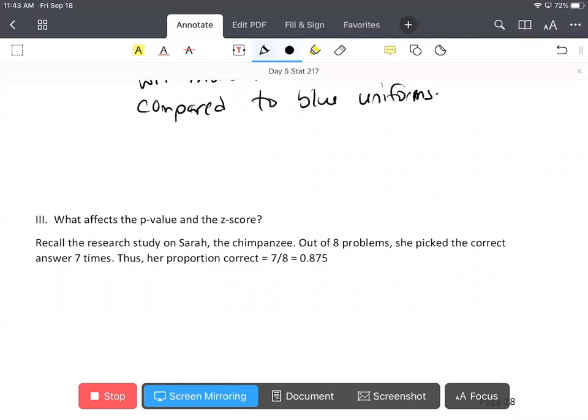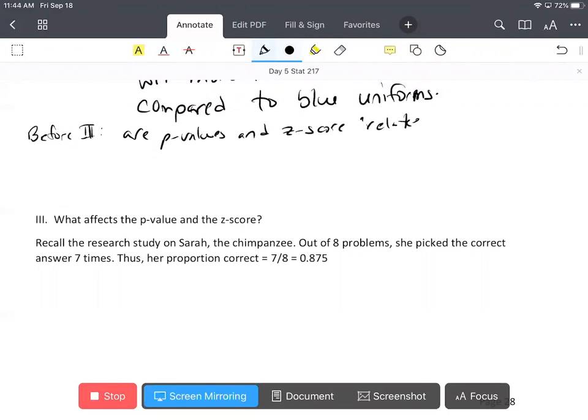Before we start part 3, which is a little bit different, I want to summarize where we're at. So I'm going to say here, before we start 3, let's look at our p-values and the z-score, related.